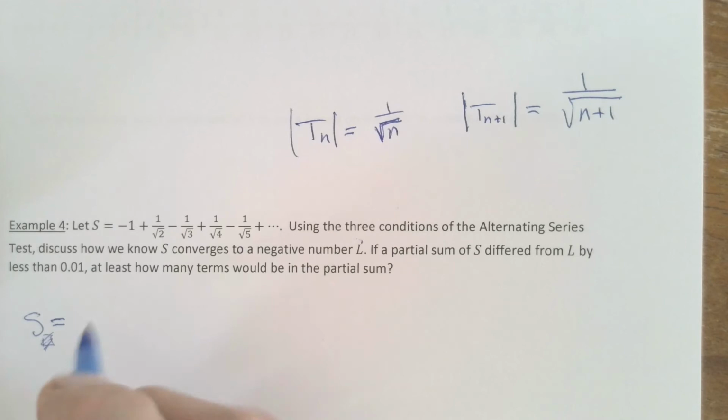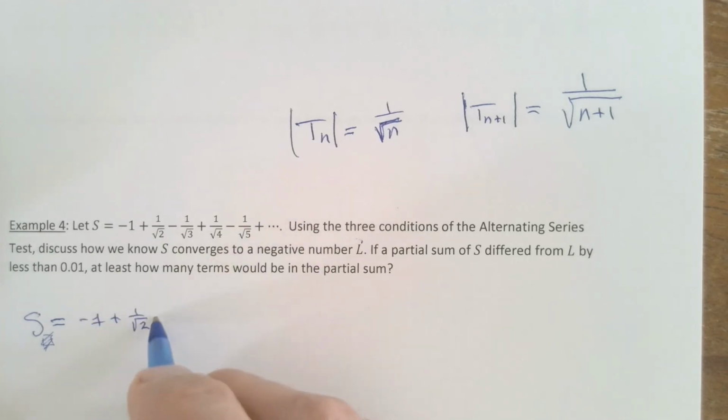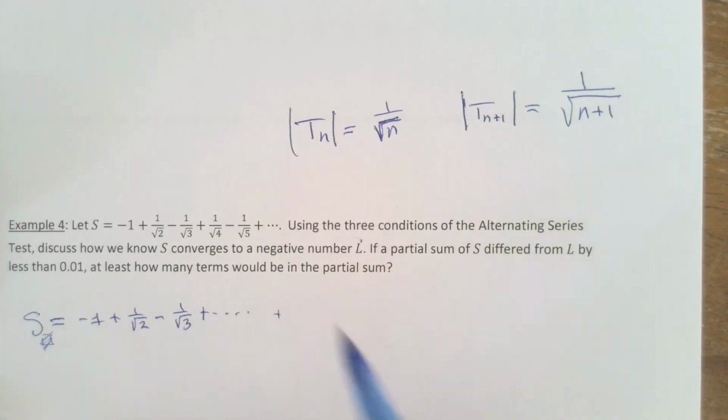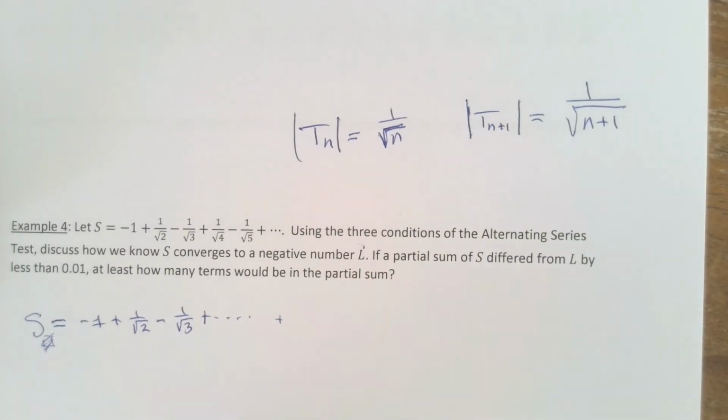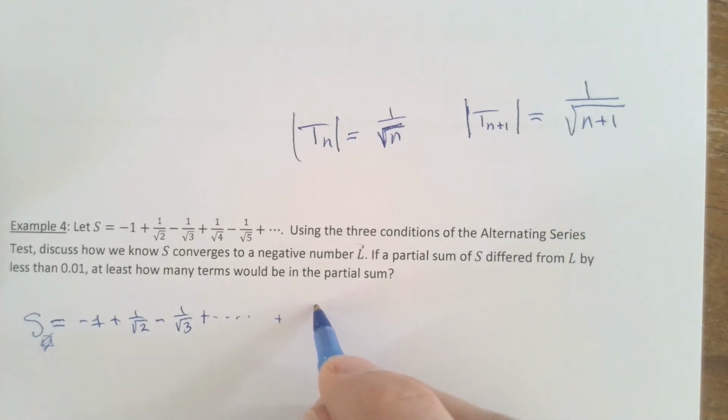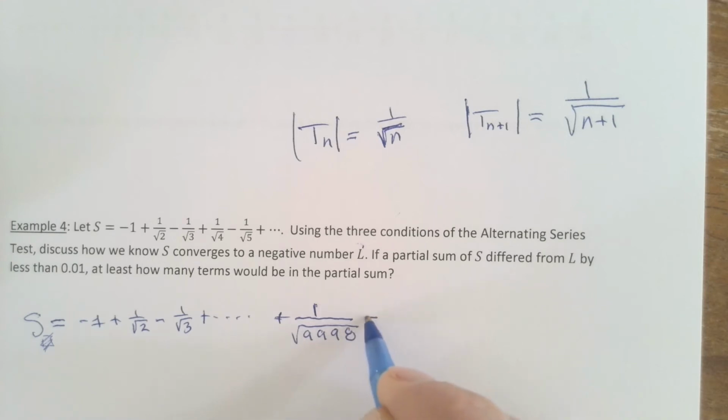We'll leave that off for now. But it's going to look like this. Negative 1 plus 1 over root 2. You can see it up here. Minus 1 over root 3. And dot, dot, dot. And way down here, you're going to have this term that looks like plus 1 over the square root of 9,998, followed by something that looks like this.